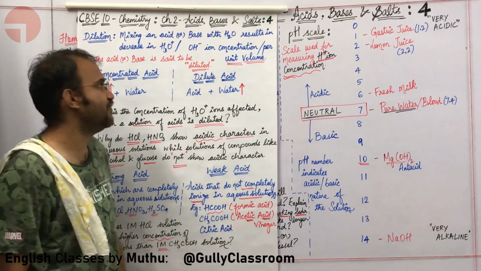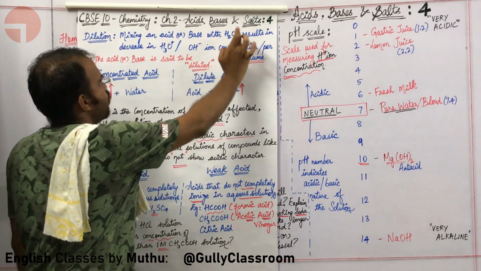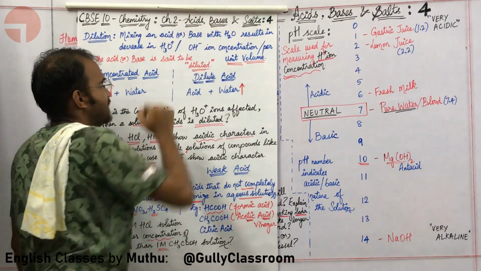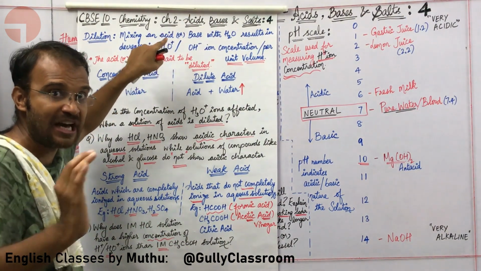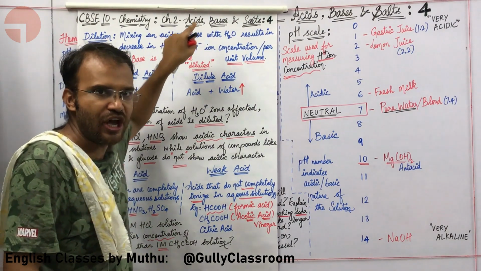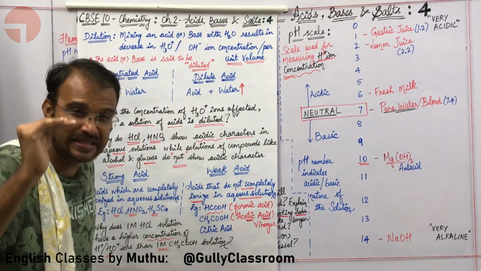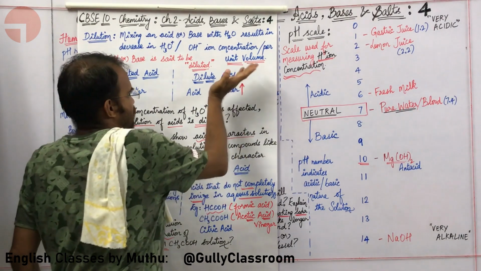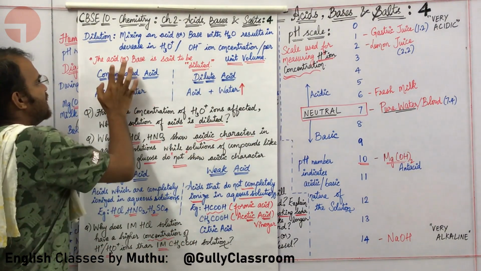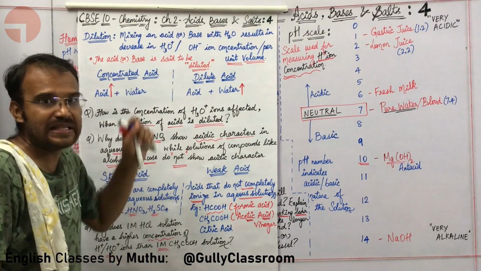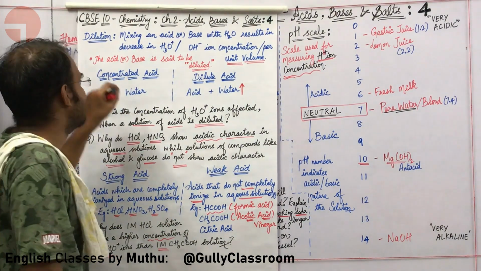In the same way, when you are mixing water to acids or bases, the amount of hydronium ion in acids and the amount of hydroxide ion in bases is constantly decreasing with respect to a unit volume. This is called dilution. The acids and bases are said to be diluted.